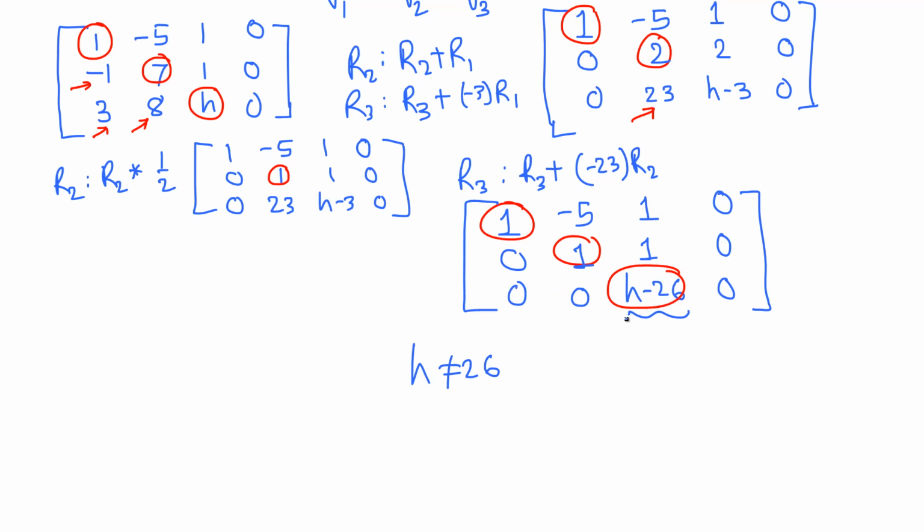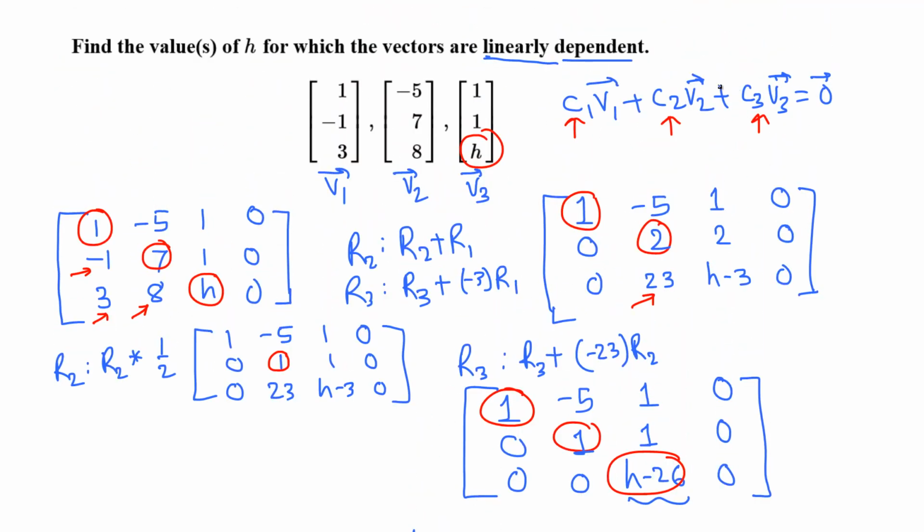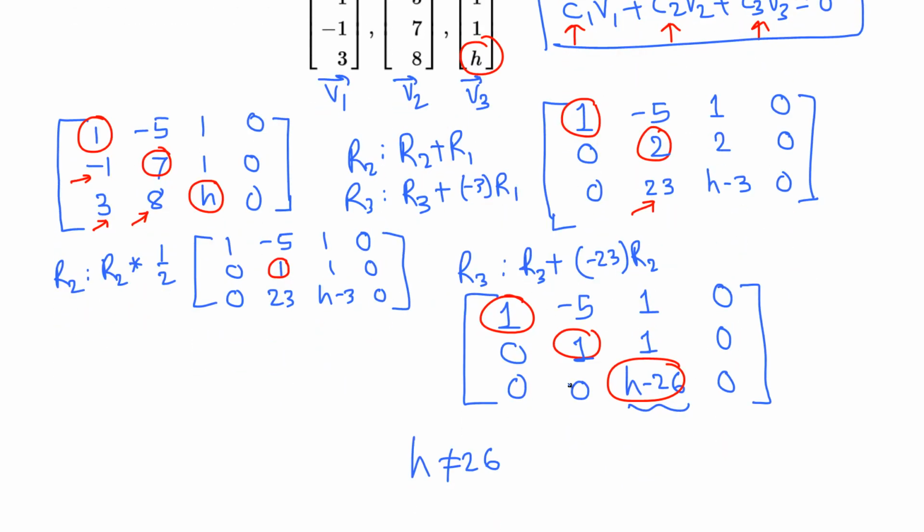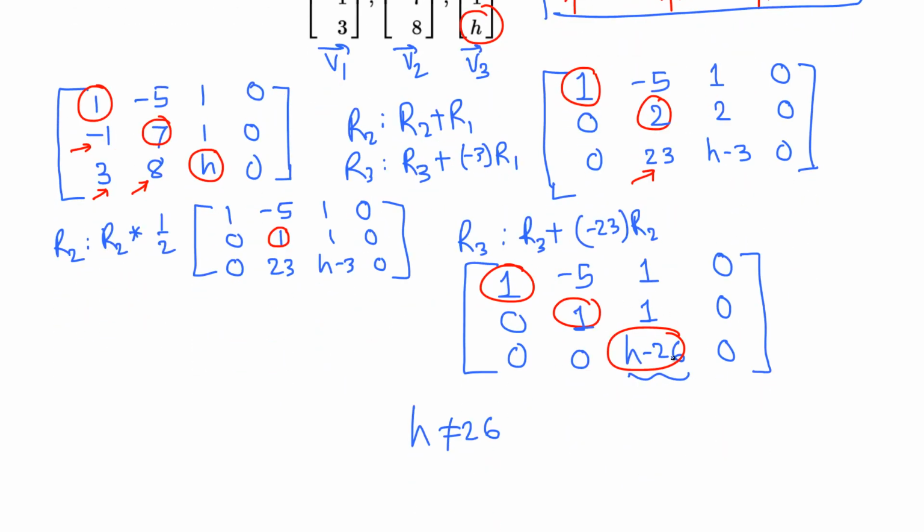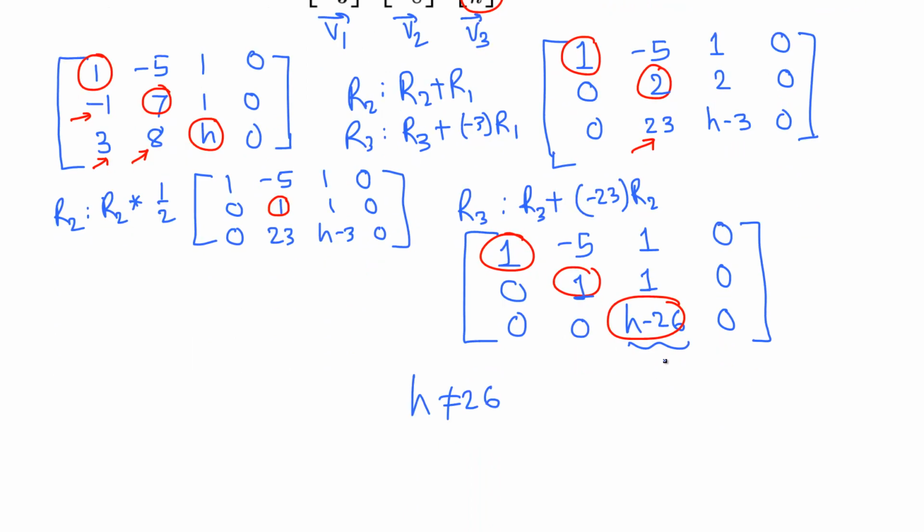When we have a free variable, we get infinitely many solutions. Whenever we have this system, one solution is always 0, because 0 times anything is 0, so the system is consistent. But we want to find infinitely many solutions, other than the trivial solution. For that, we have to make this column free.